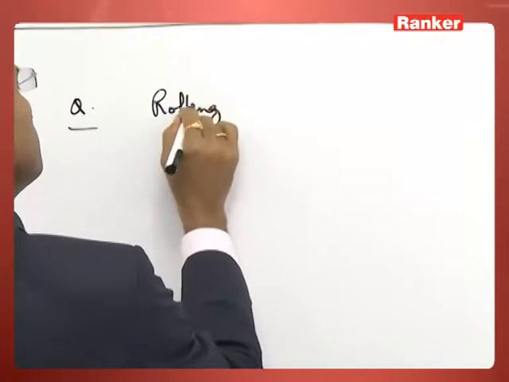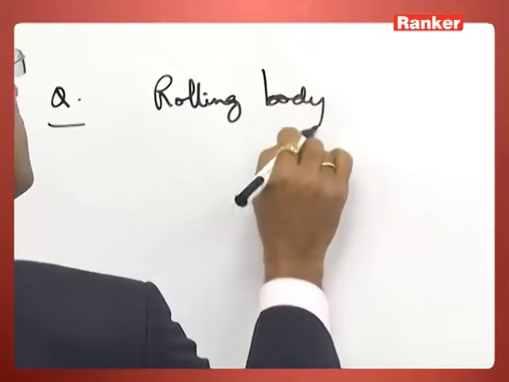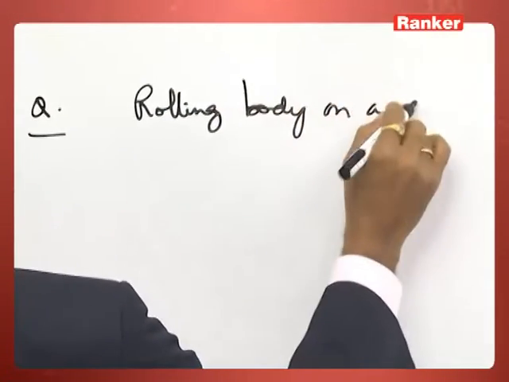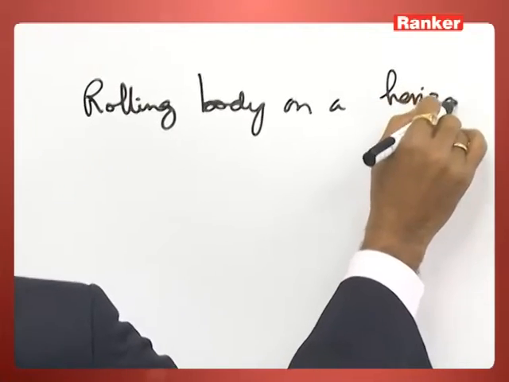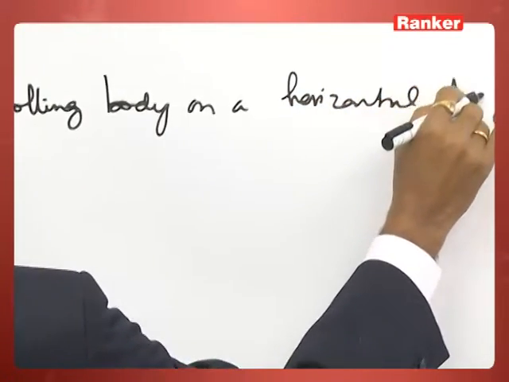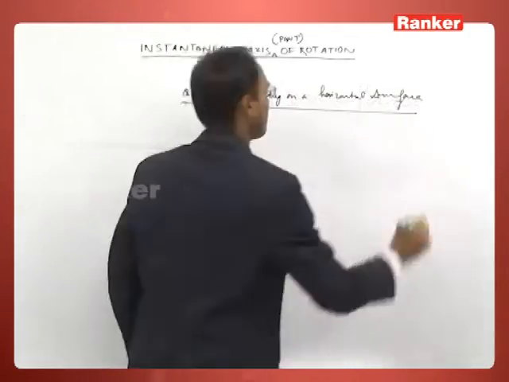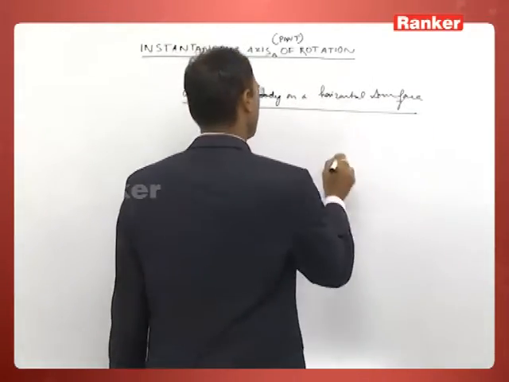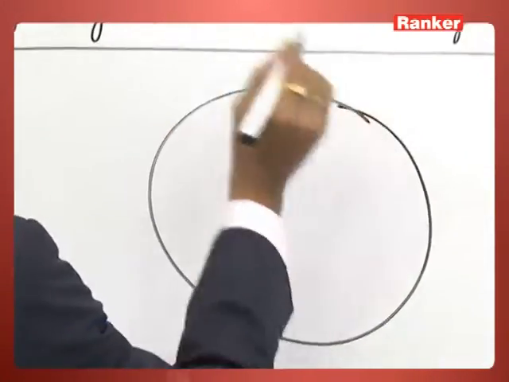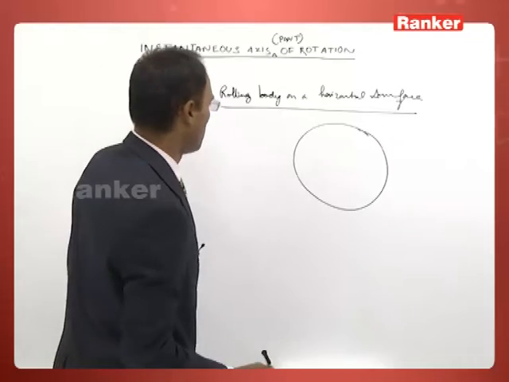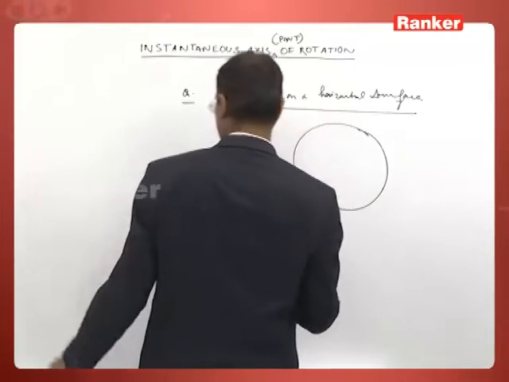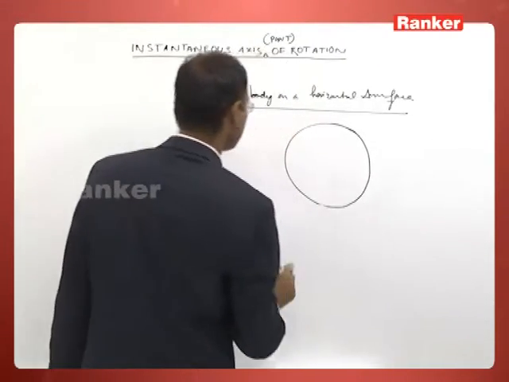A rolling body on a horizontal surface. This body rolls on the horizontal surface.